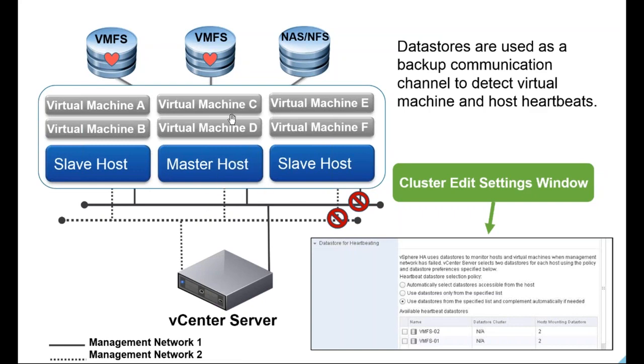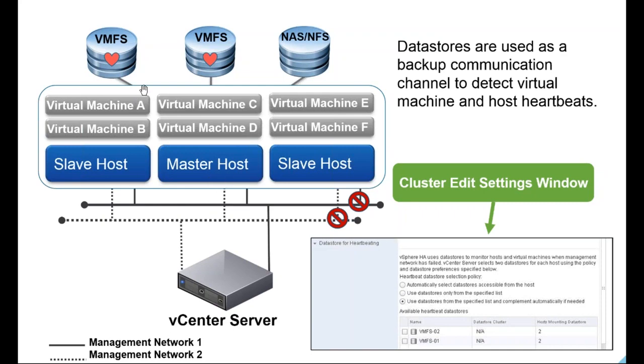That is the reason in 5.5 they mandated data store heartbeats, and all the data stores in your environment which are connected to your vSphere HA. By default, as per your designs, we need to choose automatically select data stores accessible from the host.